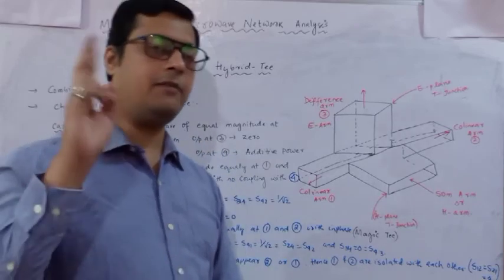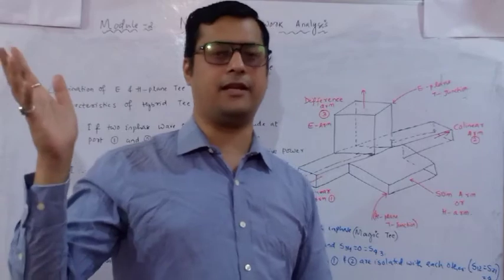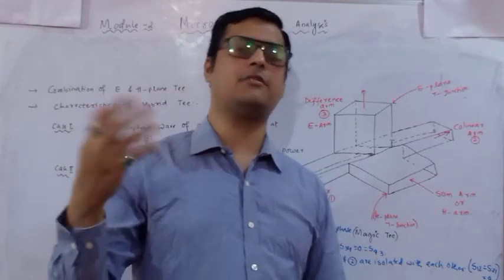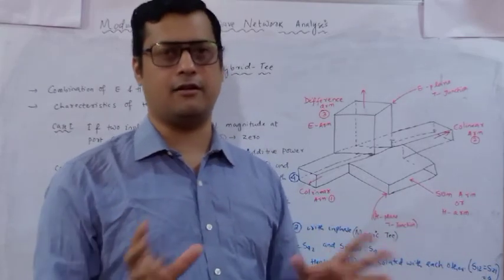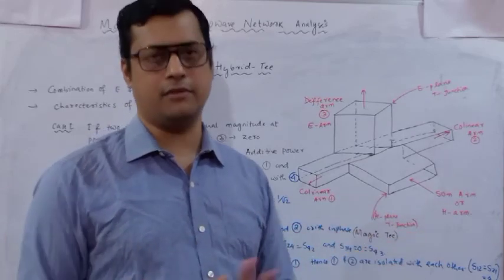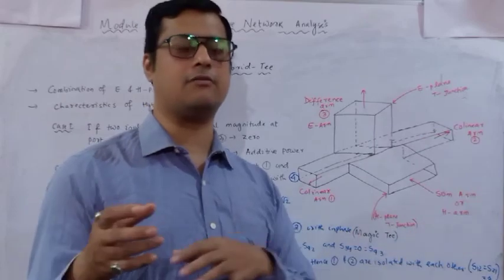In E plane and H plane we have seen S12 is equal to S21 in H plane, and in E plane S12 is equal to minus S21. We have seen that these phases are different, but in this case it is totally isolated. Means there is no correlation between them. Means S12 is equal to S21 is equal to 0.